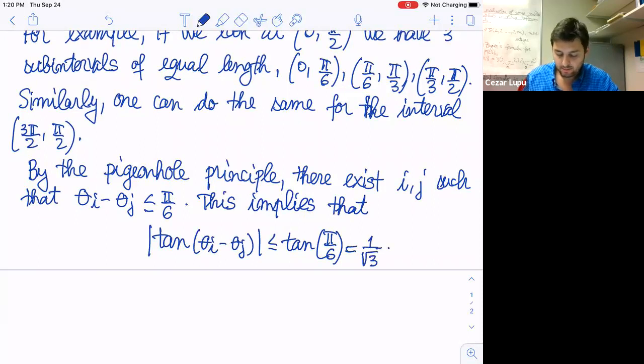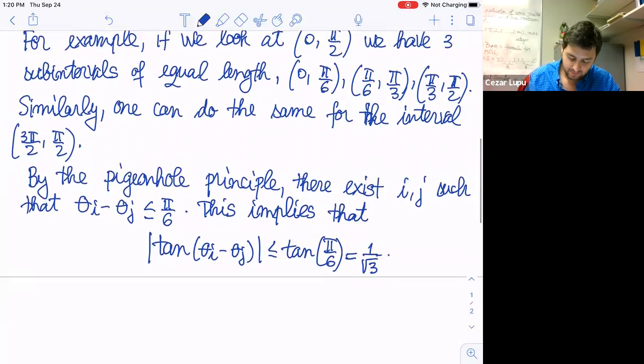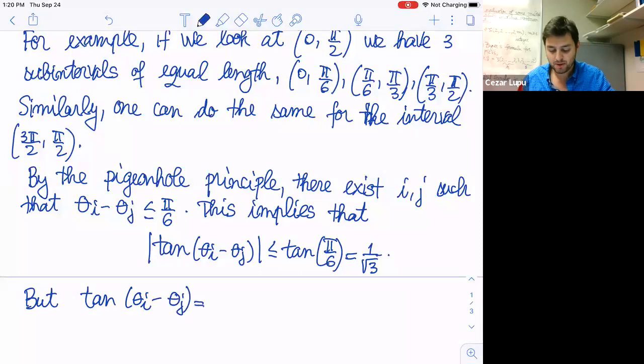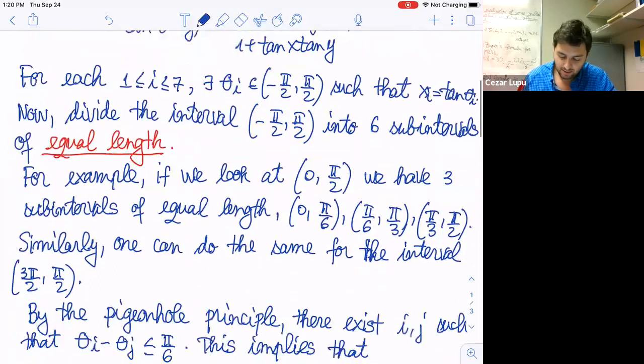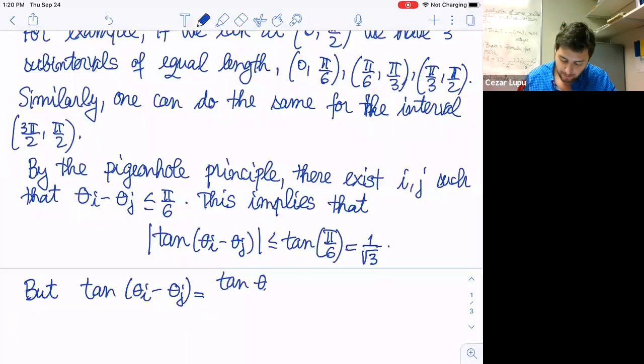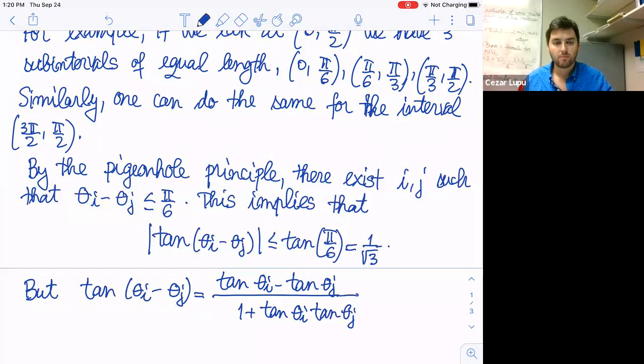Okay, great. But now I'm going back to the identity that I just mentioned at the beginning: tangent of theta i minus theta j is tangent of theta i minus tangent of theta j over 1 plus tangent of theta i tangent of theta j. And there we go, right?